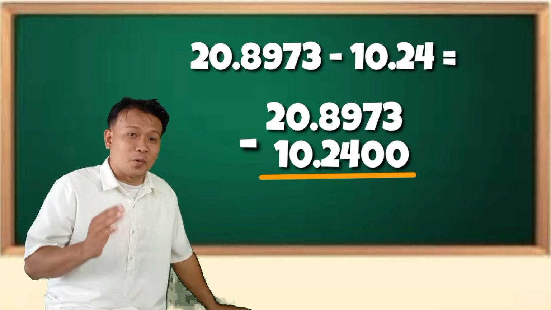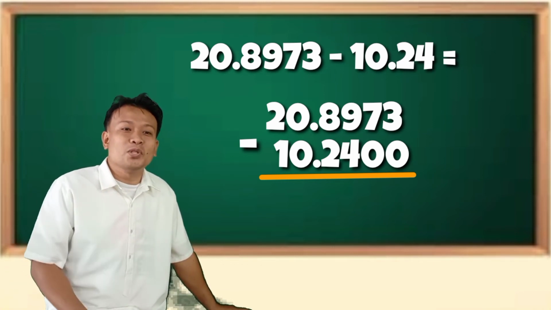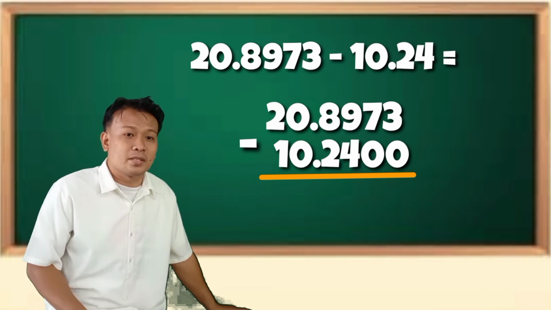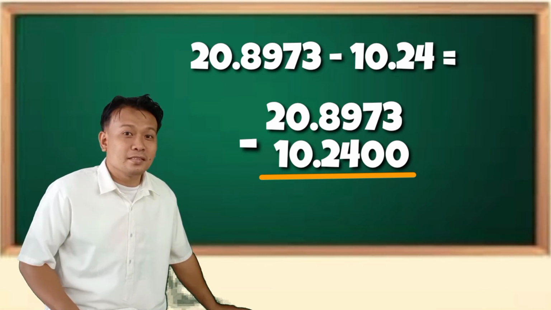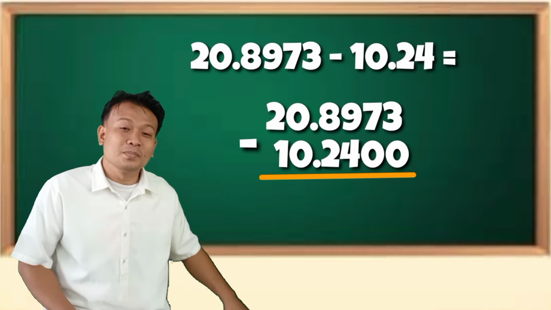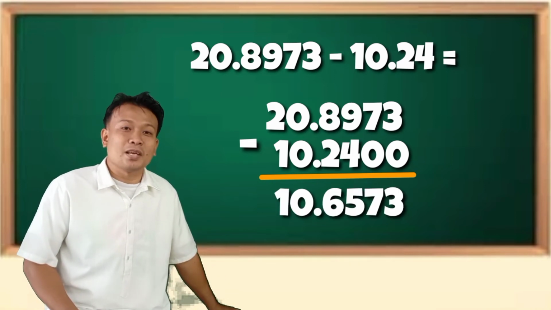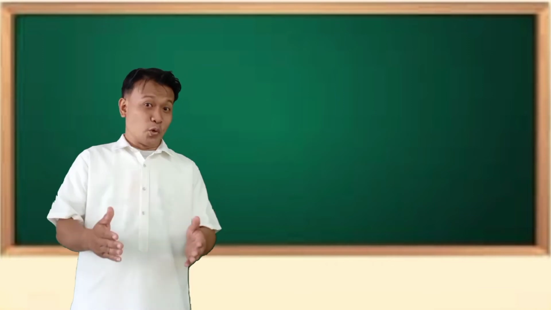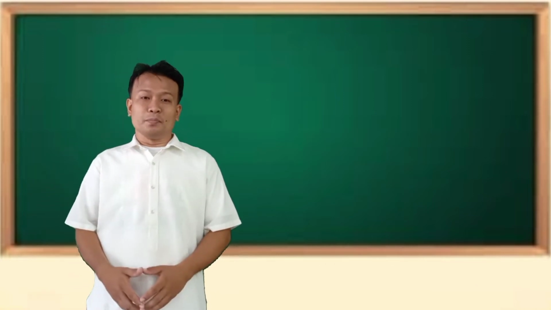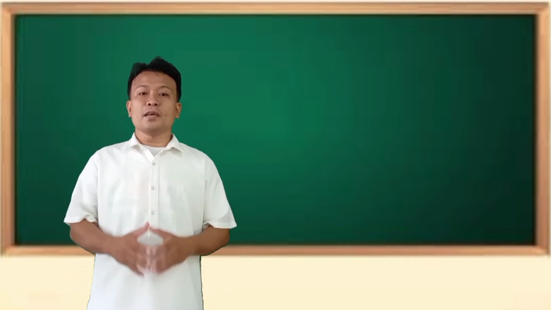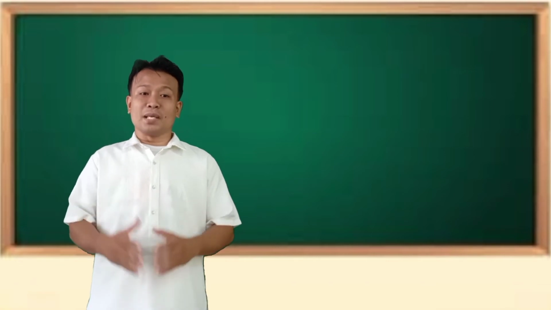After doing the first step correctly, you may now do the process of subtracting decimals. And the answer is, good job! 10 and 6,573 ten thousandths.